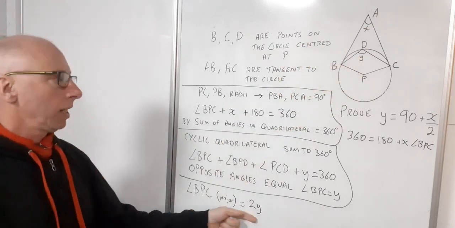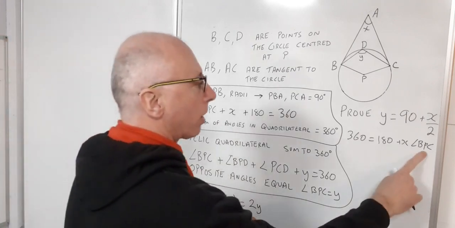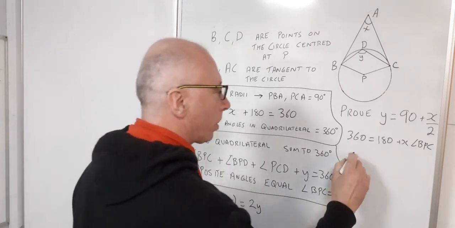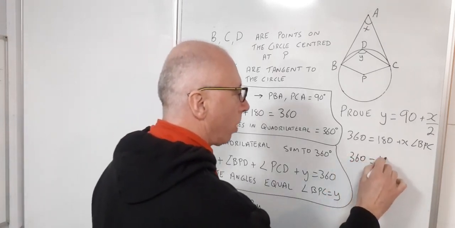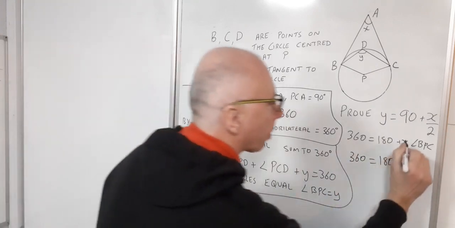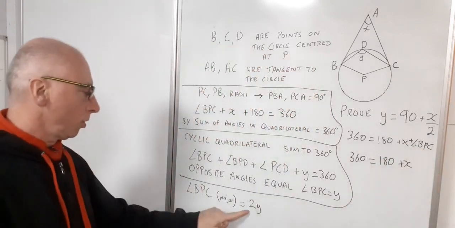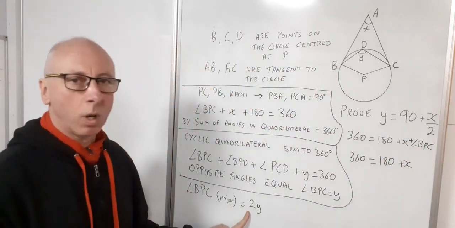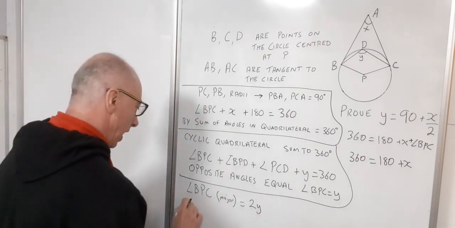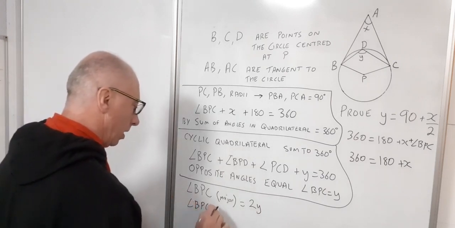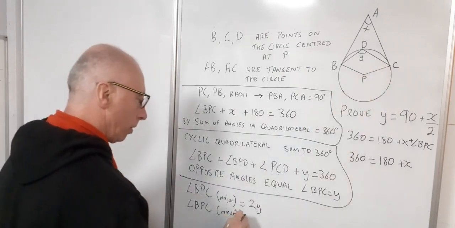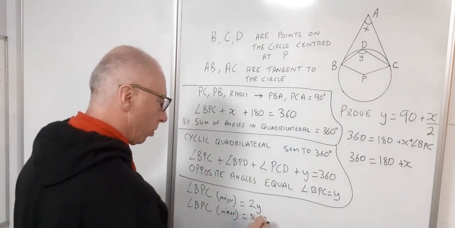So if angle BPC is 2y, I can substitute 2y into this equation here. So 360 equals 180 plus x plus, I just missed the plus sign inside there, plus angle 2y. But this is not going to be 2y, this is going to be 360 minus 2y for the minor. So therefore angle BPC, the minor, i.e. the smaller part, this bit here, is going to be 360 minus 2y.